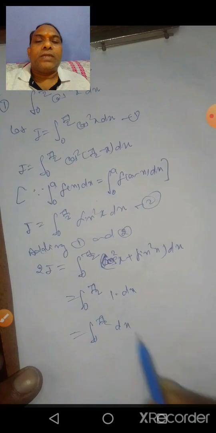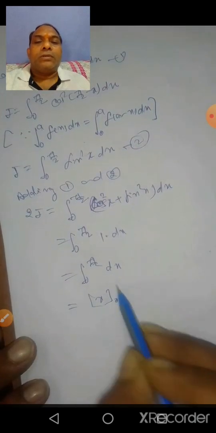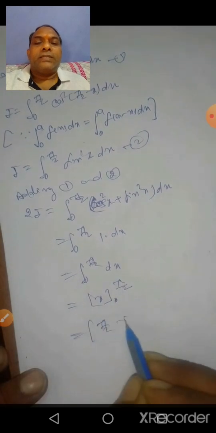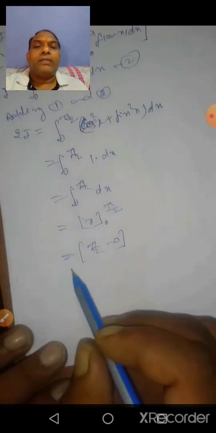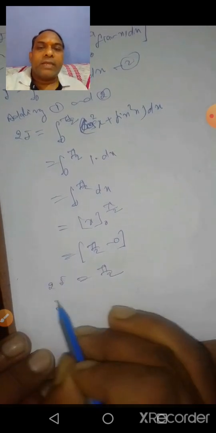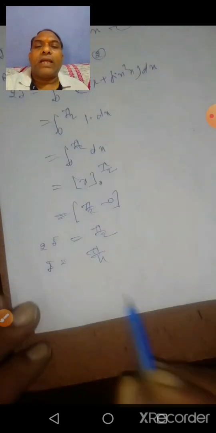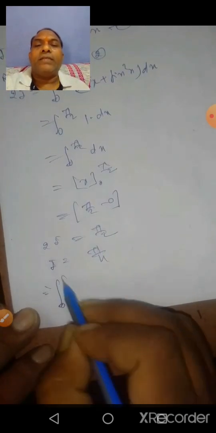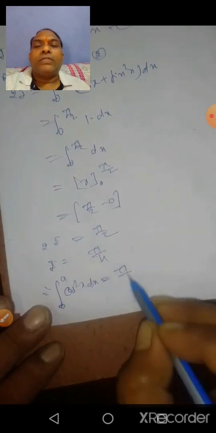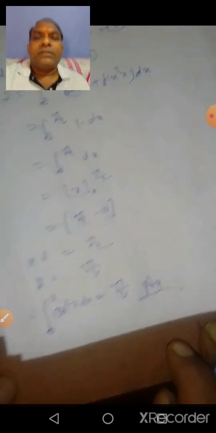So 1 into dx is equal to x from 0 to pi by 2. Now apply the limit, upper limit minus lower limit, will be pi by 2. So 2I is equal to pi by 2, then I will be equal to pi by 4. It means integration 0 to pi by 2 cos square x dx is equal to pi by 4 is the answer. Clear, students?